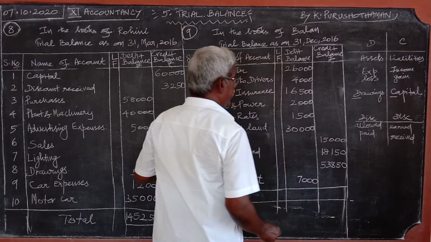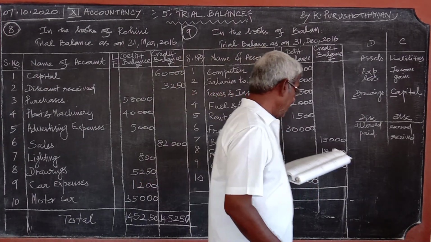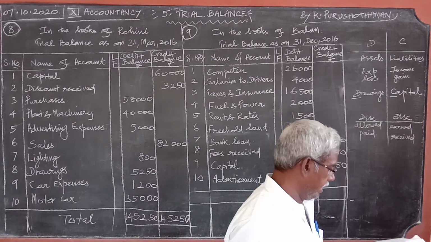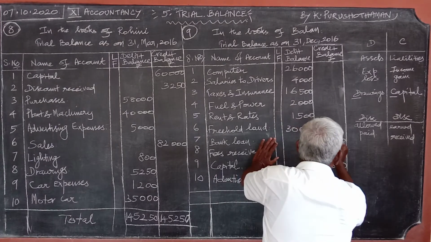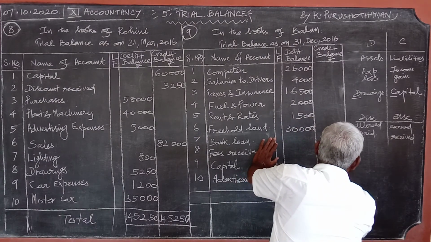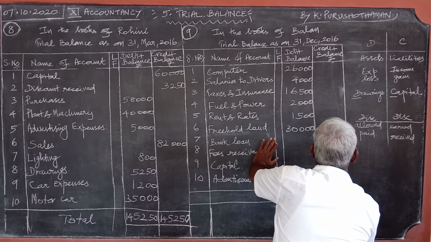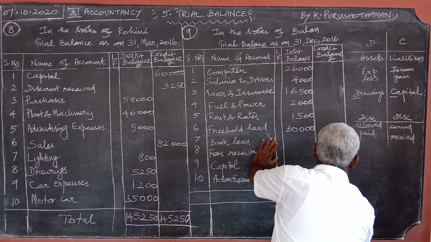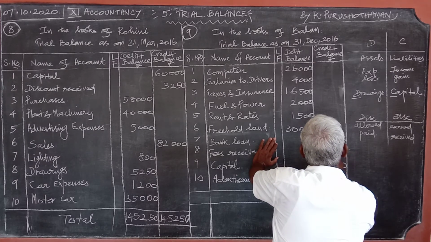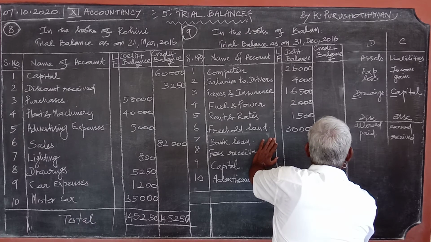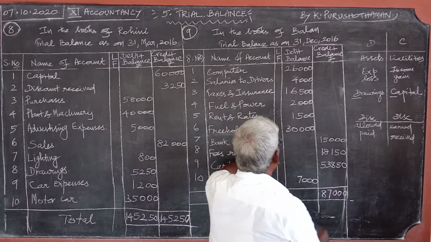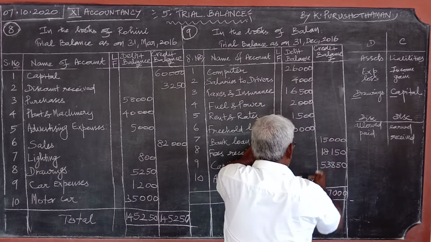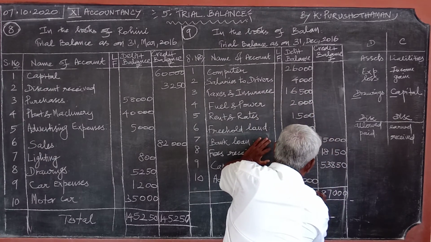Now we have divided the balances as debit and credit. So we shall find the total. 0, 5 plus 5, 10, remainder 1, 9 plus 1, 10, 1, 17, 1, 87,000. We shall check now whether we are getting the same 87,000 here or not.